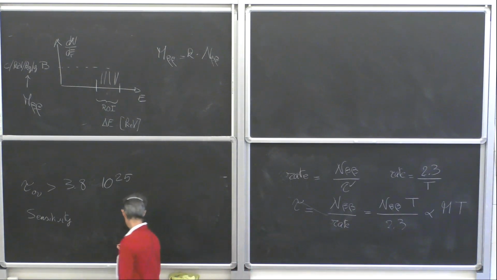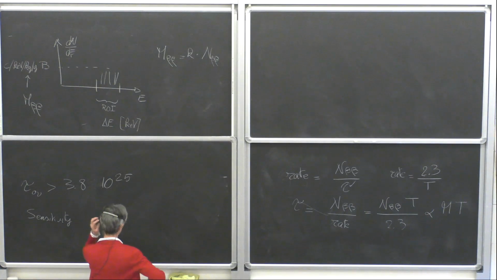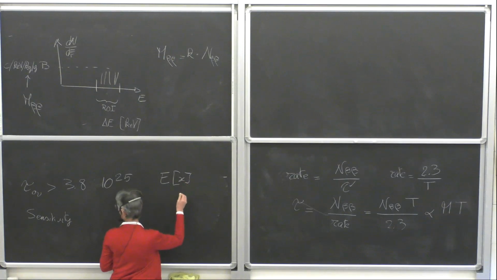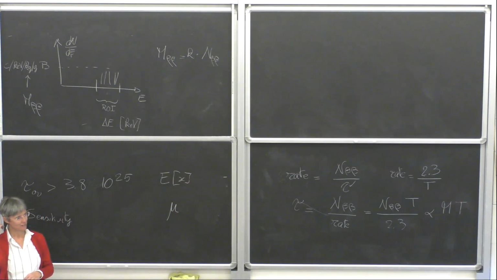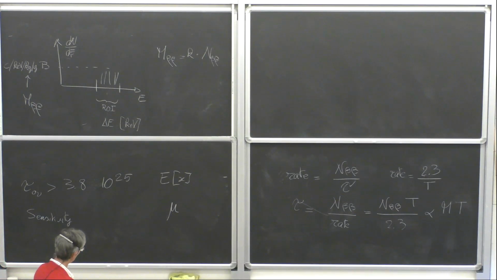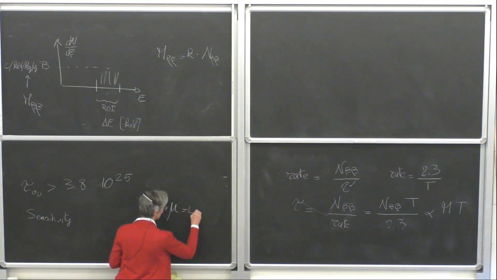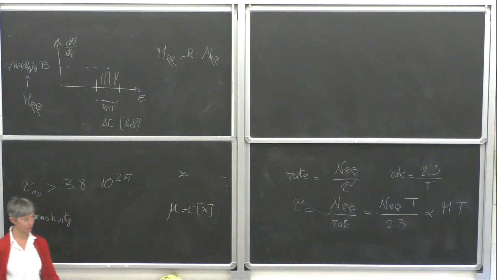It's the same difference between this and this: the expectation value and a sample. This is the expectation value, and a sample and the expectation value. That is the difference.